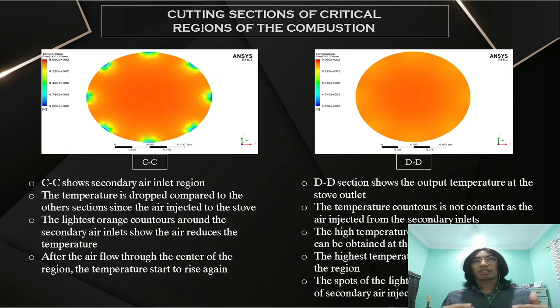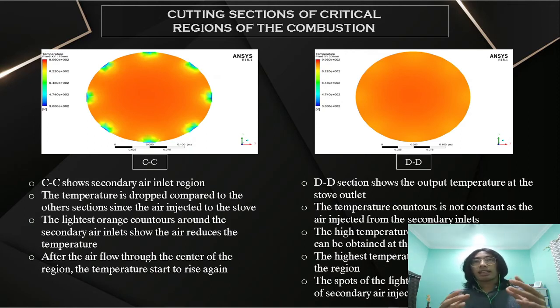In this section, the secondary air inlets have entered into the combustion. As you can see from the slide, in the middle from the previous slide, at the BB section it is deep red, but as it enters these regions, the deep red turns into a light orange color.